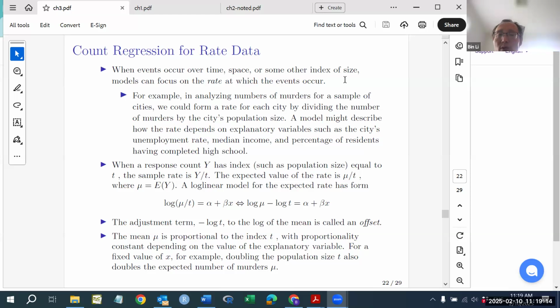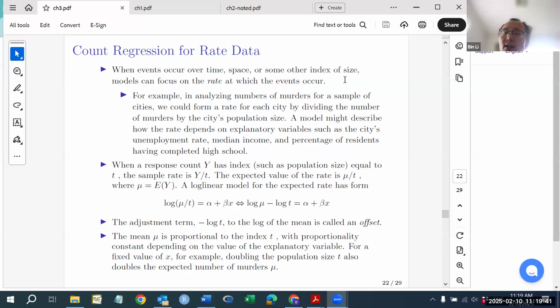For example, if we are analyzing the number of a certain crime, like murder, from different cities, and we just model the number of murders over a certain time period for that particular city, that is only meaningful for this particular city. Why?